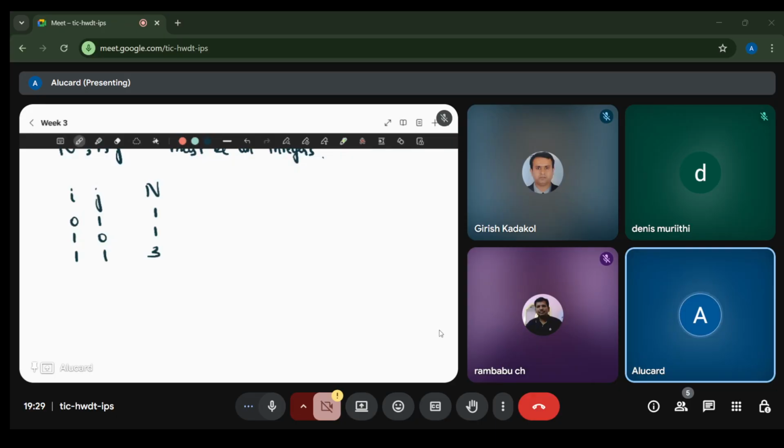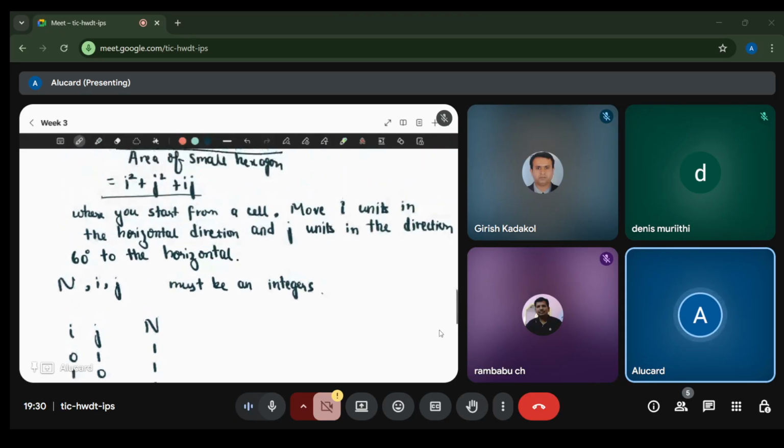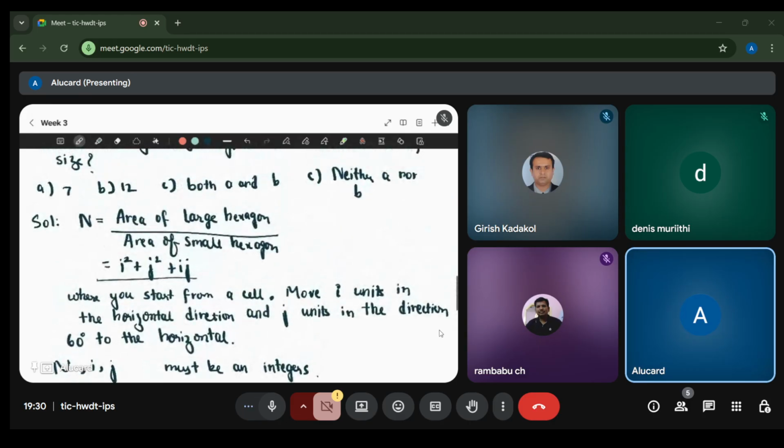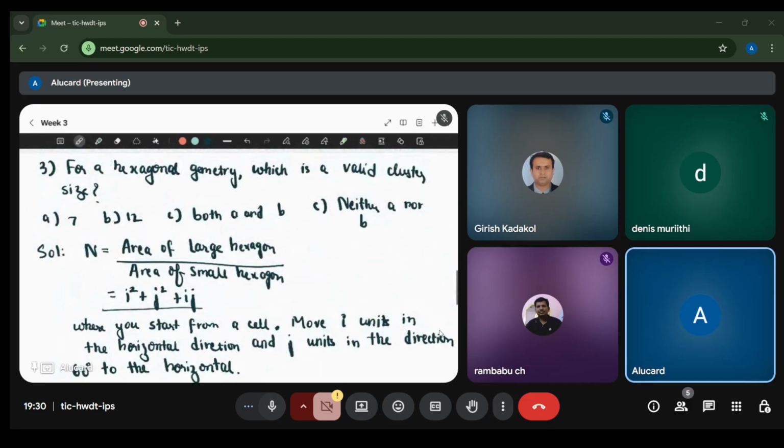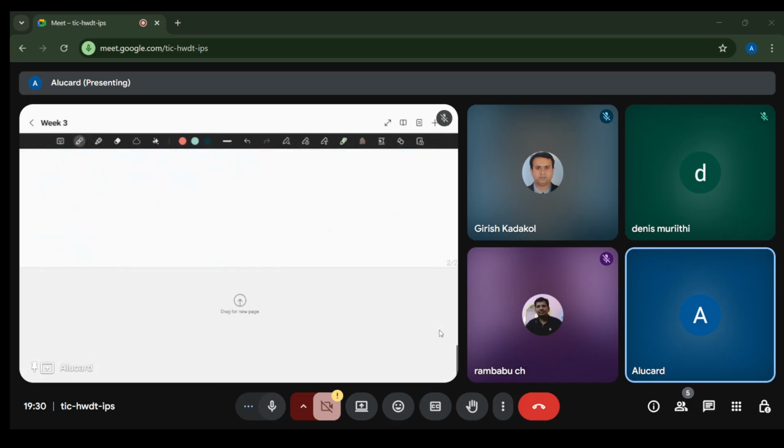So 3 cells per cluster. You can have 1, 2, which you find out. Then you do 2, 2, 2, 3. You put in values and see whether you can get a 12 or a 7. That's how you answer question 3.